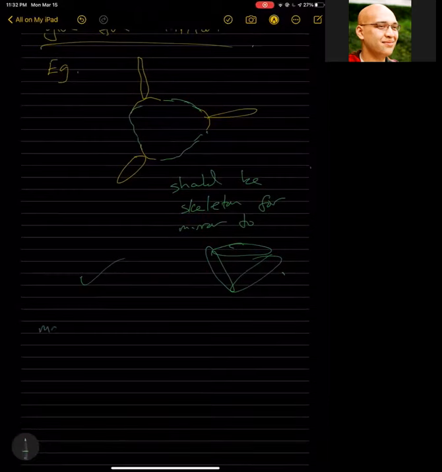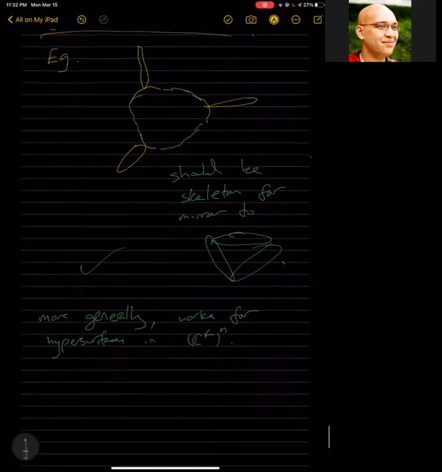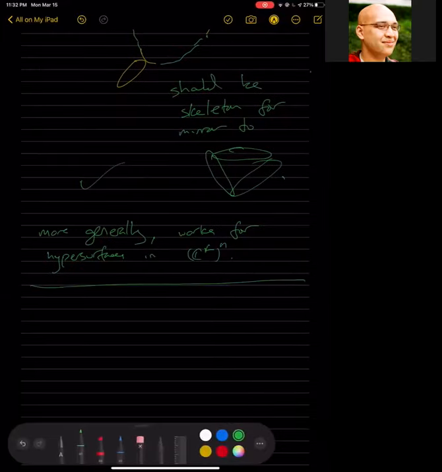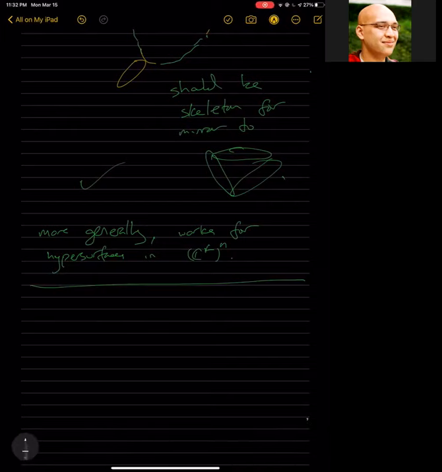So more generally, in the existing paper of Ben and I, we showed this works for hypersurfaces in C star to the n. And we're now in the process of writing something which says it just works in complete generality.